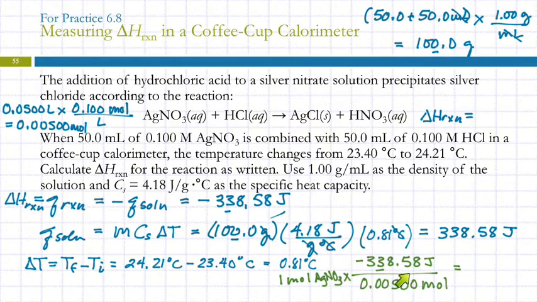And this is how much energy is released for every 0.005 moles. So I take my 338.58 and divide by 0.005. And I get 67716 joules.